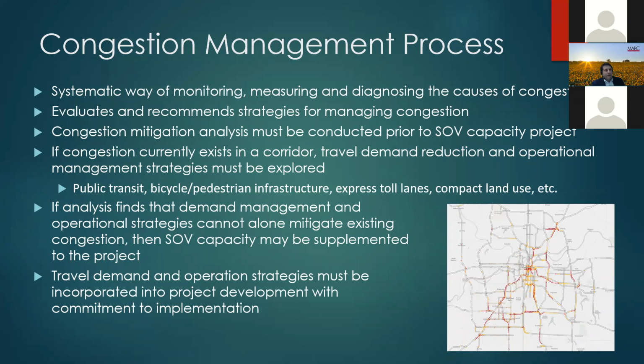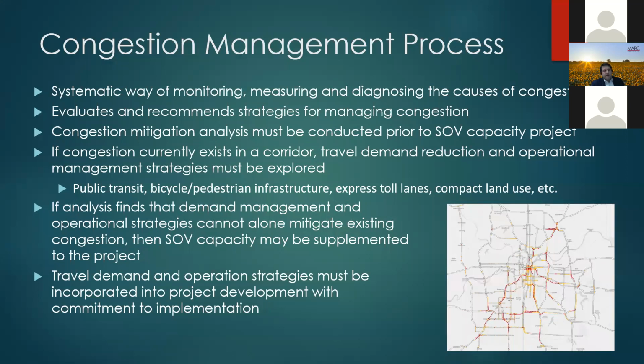The policy calls for a congestion mitigation analysis to be conducted prior to a single occupant vehicle roadway capacity project. If congestion currently exists in a corridor, then the project sponsor should consider travel demand reduction and operational strategies as part of that project itself.